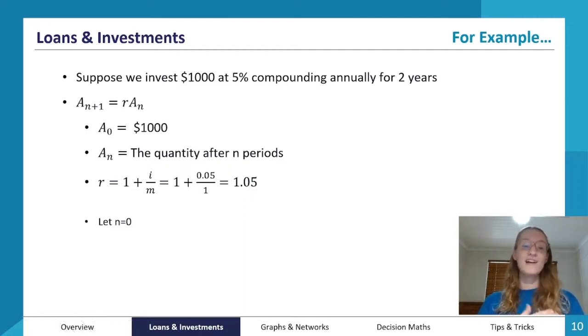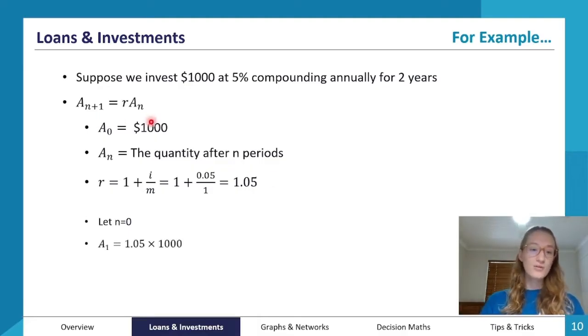So now we start by solving the formula and working out what the value is after 2 years. To do that, the first thing we'd say is let n equal 0. So we take this formula and say let n equal 0. Then we'd have n plus 1, which gives us A1 is equal to R multiplied by A0, our starting point.